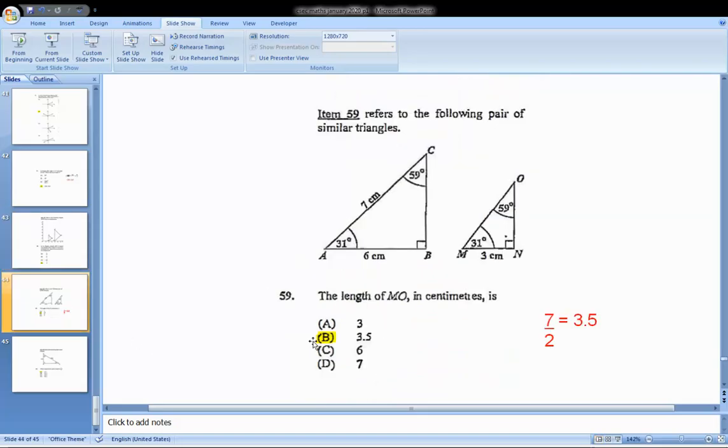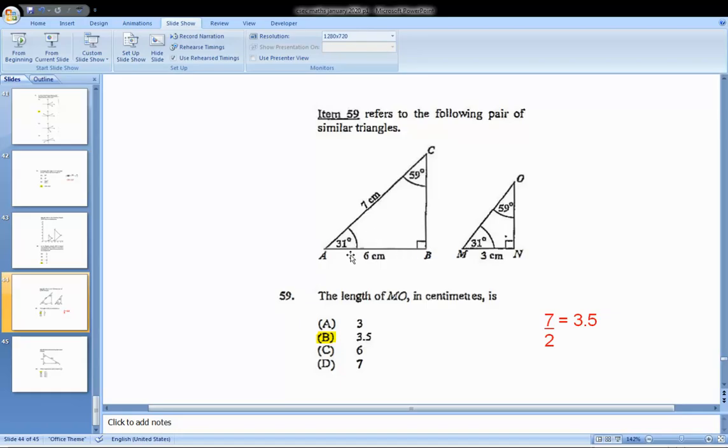59 says, item 59 refers to the following pair of similar triangles. And so it says the length of MO in centimeters is. Now, when we look at this triangle compared to this triangle, we could see that it is twice in length.